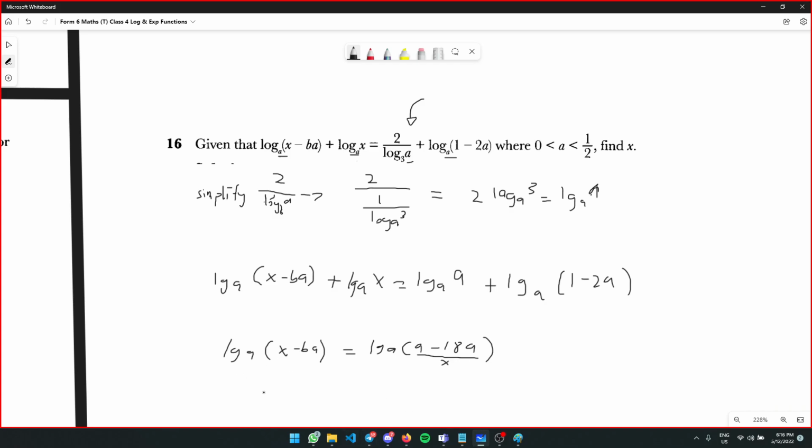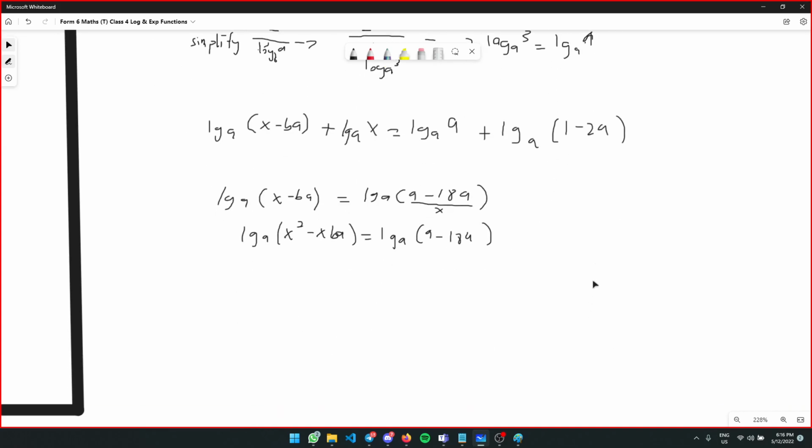Then I'll get log a x squared minus x b a. If I want to go, that should be an easier way.